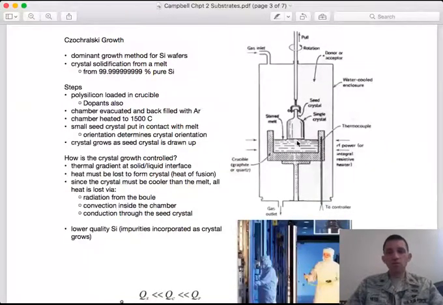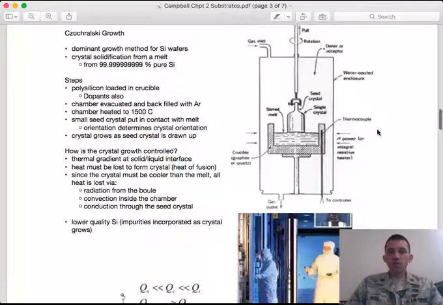So you may want to grow single crystal silicon that has a particular plane perpendicular to the growth direction, right? So you may want to have the 111 direction facing up, or the 100 or something like that. So you're going to orient the seed properly, and then at the beginning of the crystal growth, you bring that seed in contact with the melt.